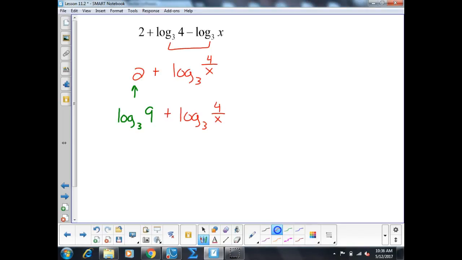So we get log base 3 of 36 over x, because 9 over 1 times 4 over x is 36 over x.